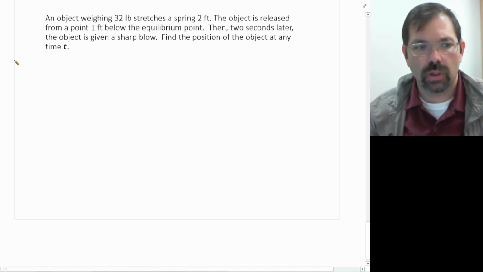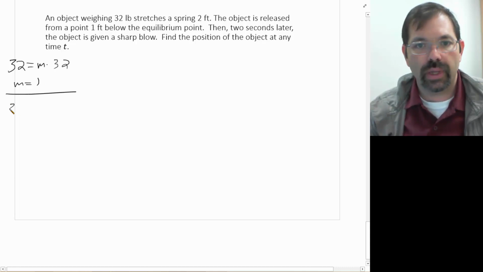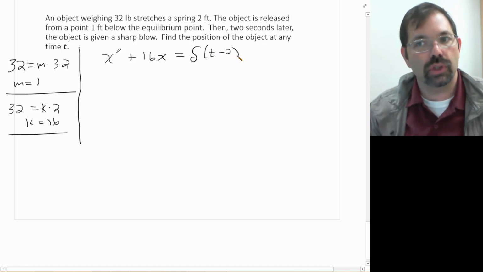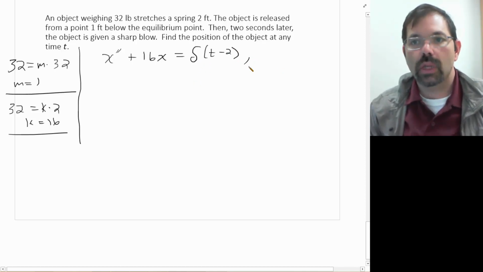Let's build our problem. We have 32 pounds, and so that would be m times 32, so m equals 1. The mass is 1, and we have 32 pounds is equal to k times 2, so k is 16. And so then we would have x double prime plus 16x is equal to delta of t minus 2. 2 seconds later, the object is given a sharp blow.